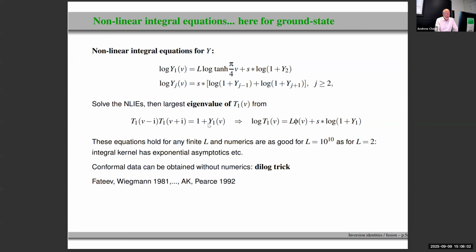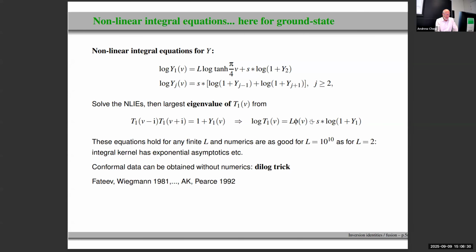T1 times T1 is equal to 1 plus y1, and then you transform this functional equation in the same manner as before, and you find that log of T1 is practically the convolution integral with log of 1 plus y1. That's it: from the set of many nonlinear integral equations for y sub j, you only need y sub 1. You can forget about all the other y's.